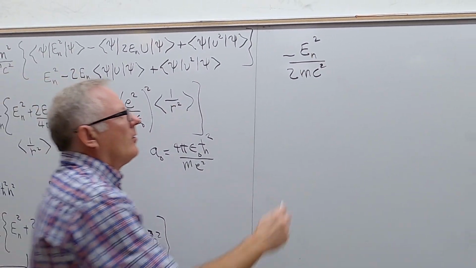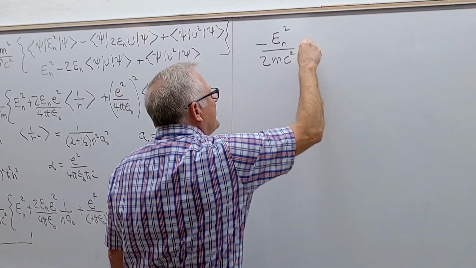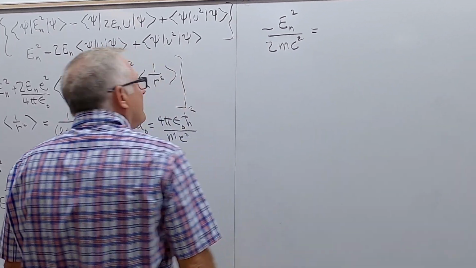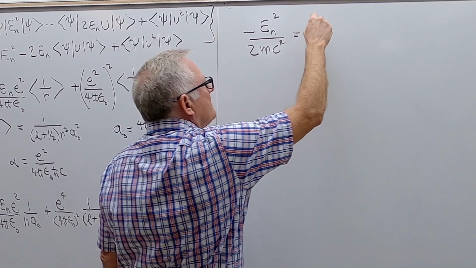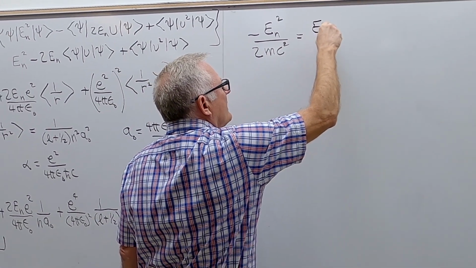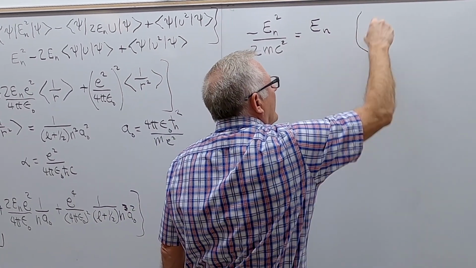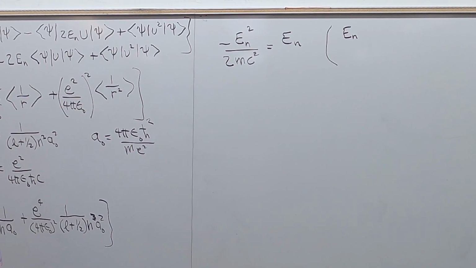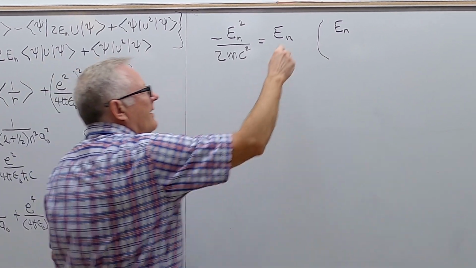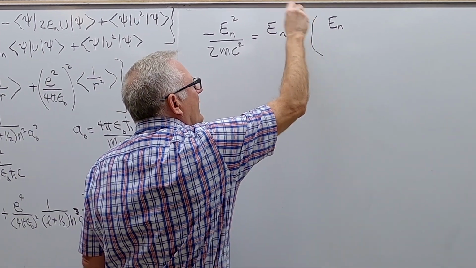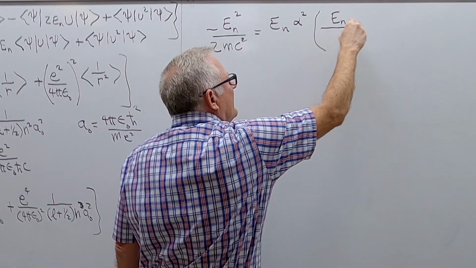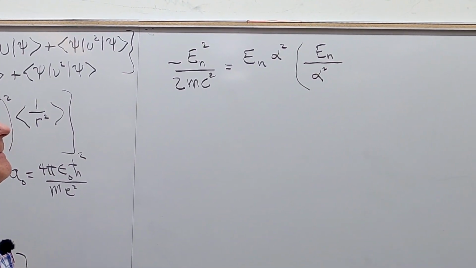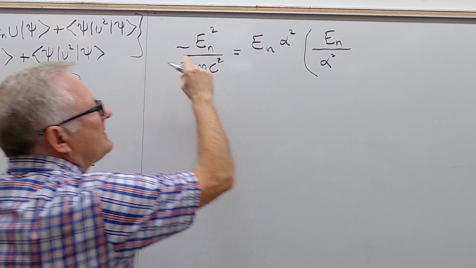Okay, and so what I want to do is write this as E sub n. I want to pull out an E sub n. So we'll pull out one of the E sub n's, so we've got an E sub n on the other side. I would like to put an alpha squared here, which means I need an alpha squared there. I have a minus there.